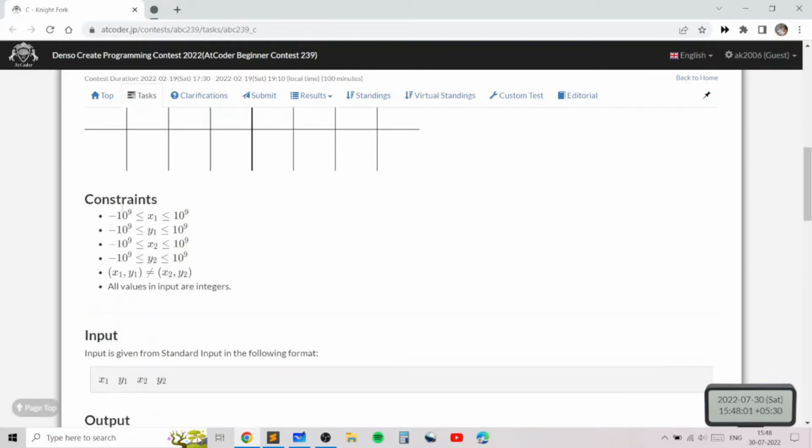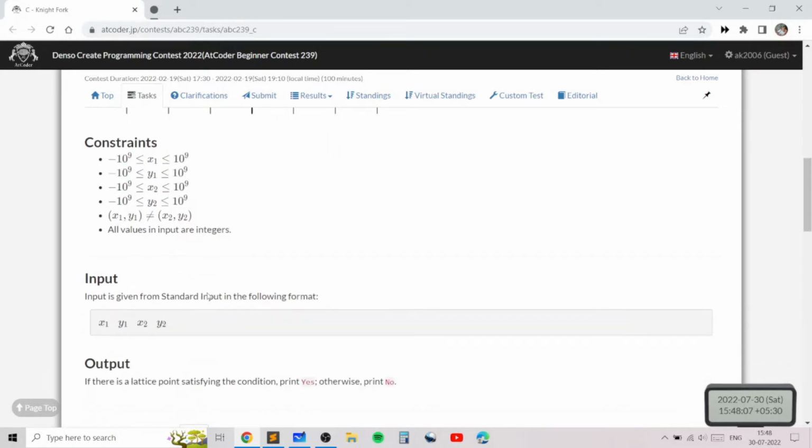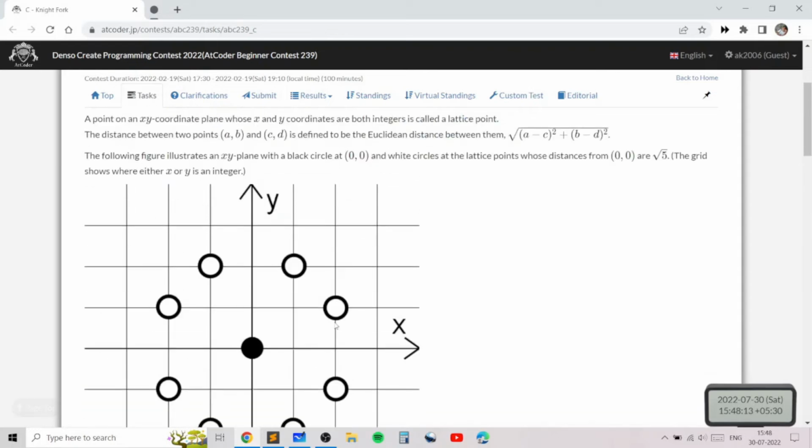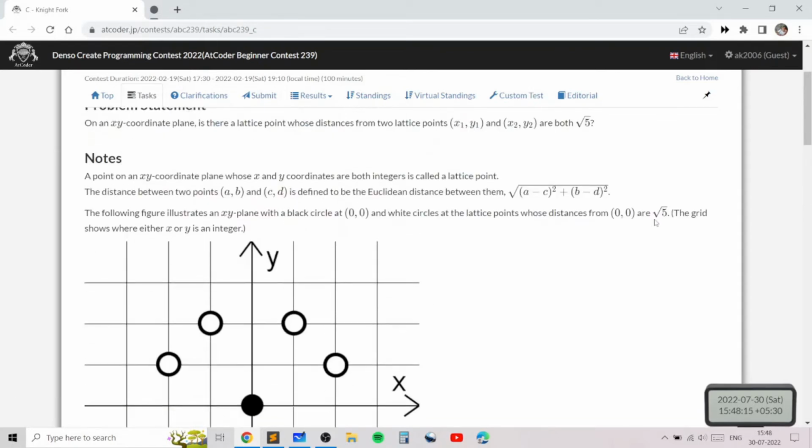The values of x1, x2, y1, y2 are up to plus or minus 10 to the power of 9. So we can't obviously brute force over all possible values in the XY plane. We need to think cleverly about this condition of the distance being exactly square root of 5. And obviously there is no direct math solution.